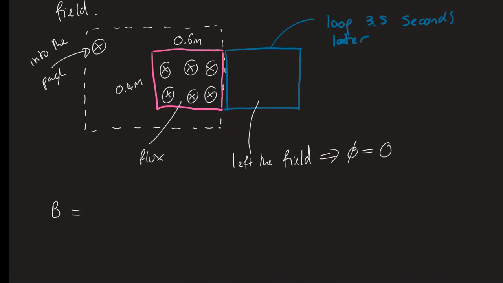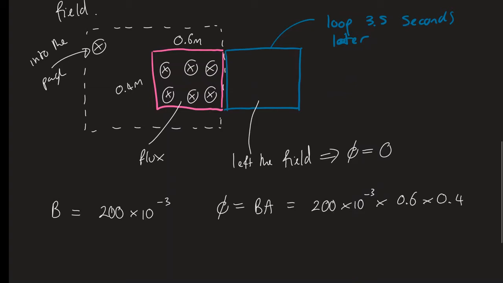So B, magnetic field strength, is 200 times 10 to the minus 3. Remember previously that flux is calculated as B times A. So we've got 200 times 10 to the minus 3 multiplied by the area of the loop, 0.6 by 0.4.